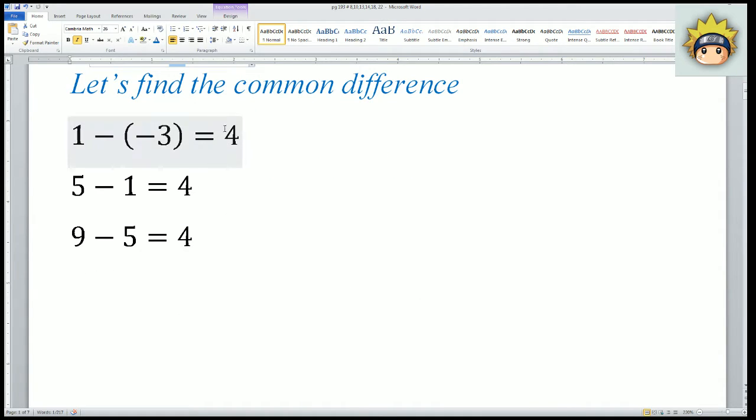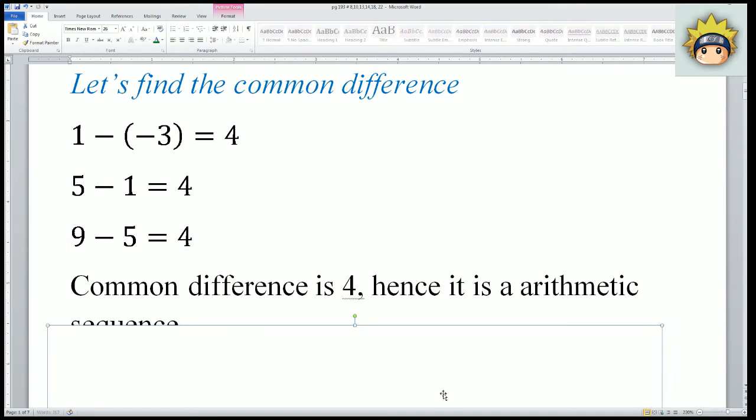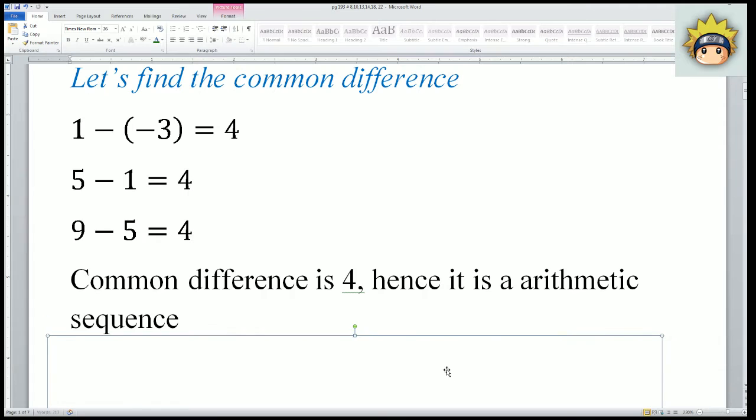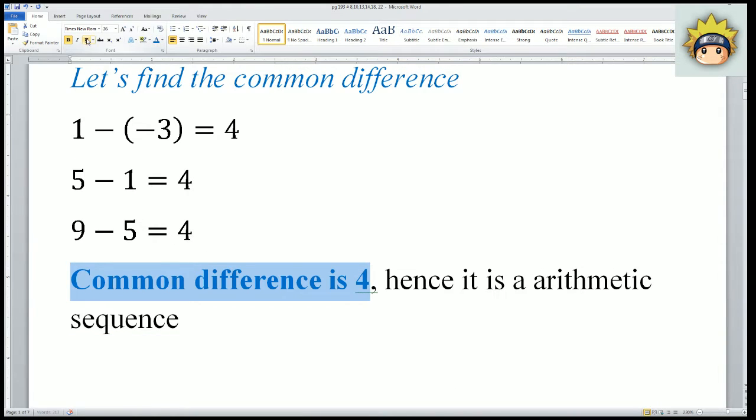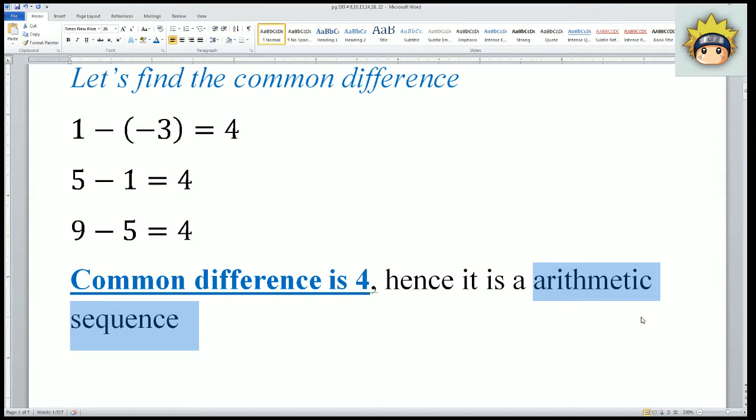I see here that the common difference is 4 and it stays 4 between all of them. Because the common difference is the same between each element, it is an arithmetic sequence.